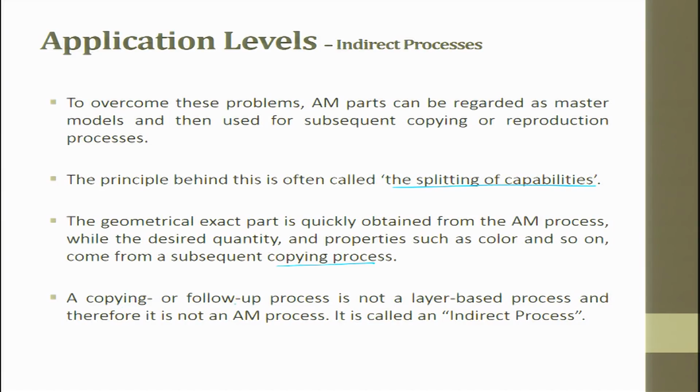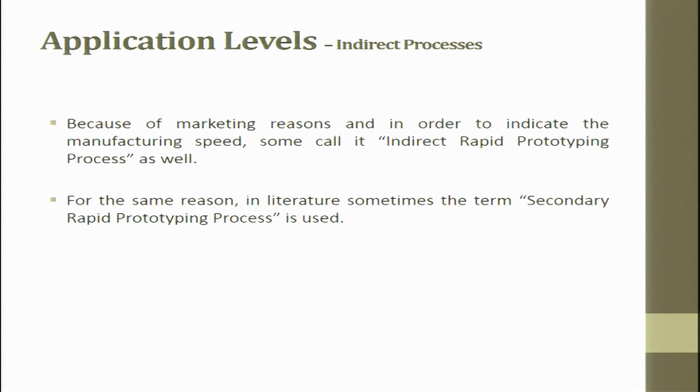A copying or follow-up process is not a layer-based process, and therefore it is not an AM process; it is called an indirect process. Please understand the difference between direct process and indirect process, very important.